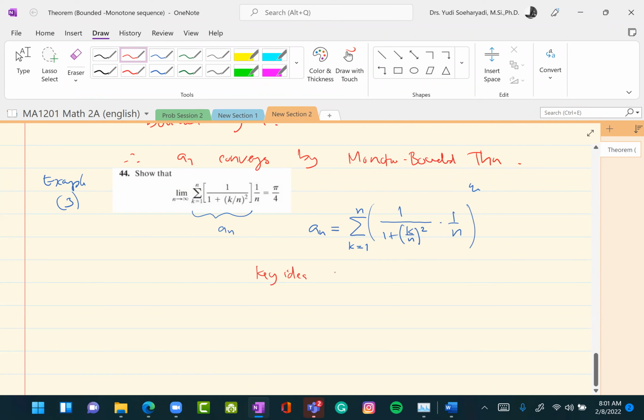So then this converges to the integral of f of x dx. So the question is to find f, a, and b, the bounds.